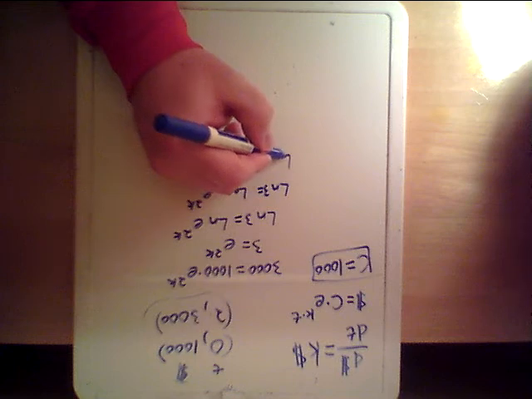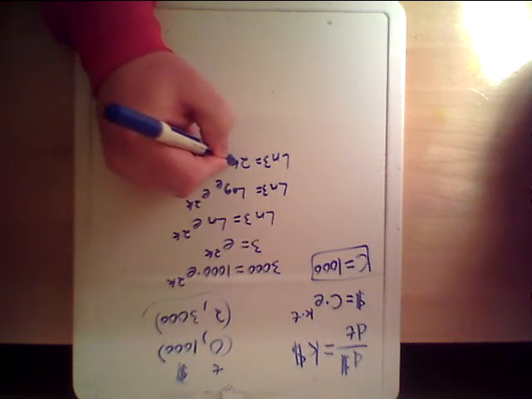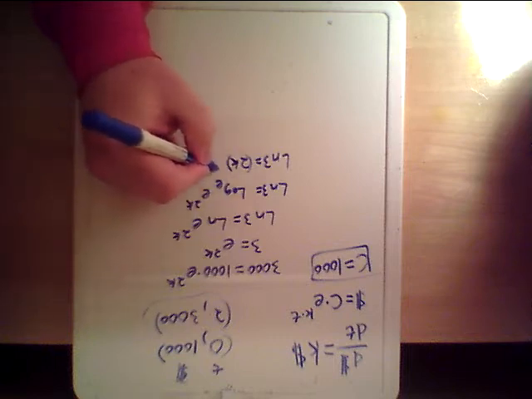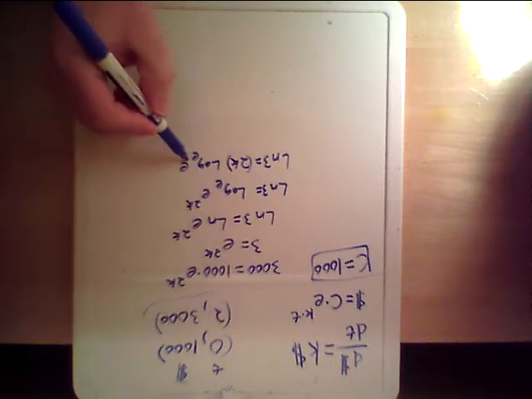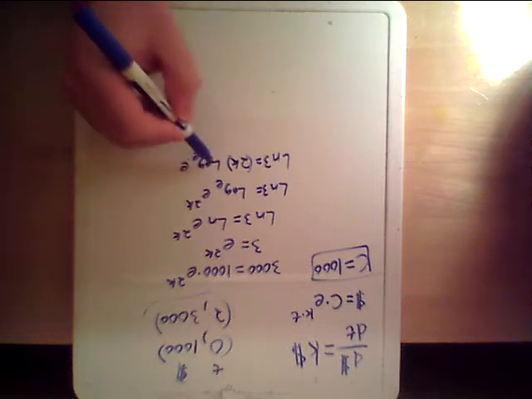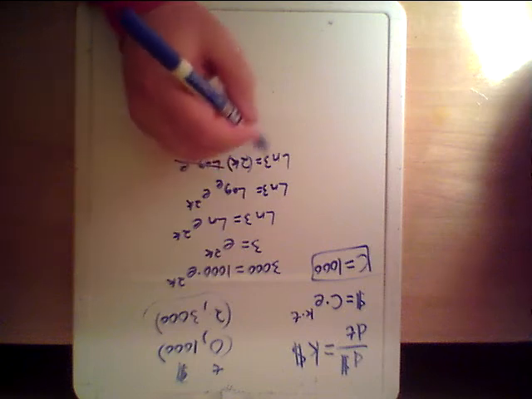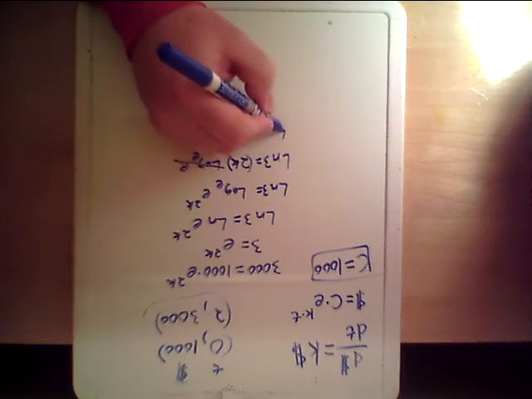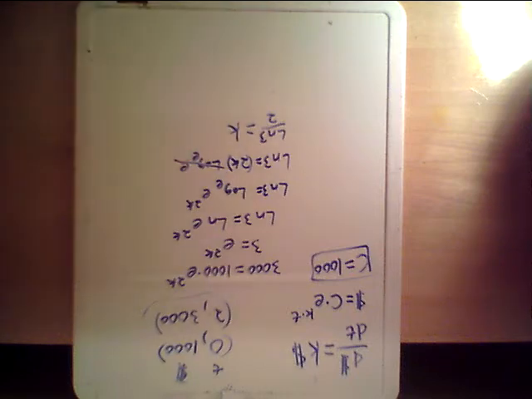So the natural log of 3 equals 2K times the log base e of e. Well, e to what power equals e? That's just 1, so that goes away. We get the natural log of 3 equals 2K. Divide both sides by 2, and we get the natural log of 3 over 2 equals K.